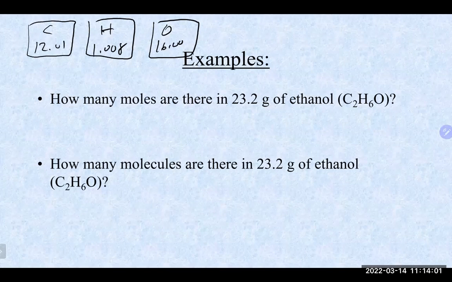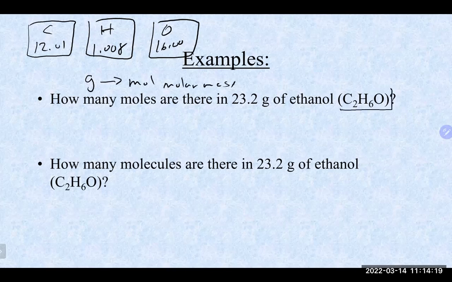So if we take these individually, for the first one we have grams and we want to go to moles. So remember, the first one really is just a grams to moles, and that is the molar mass that we need. Again, to get the molar mass, we simply take the formula, go to the periodic table, and add up all the parts.